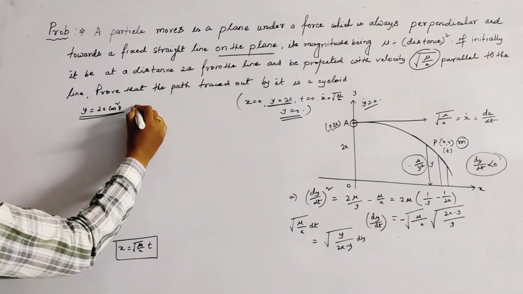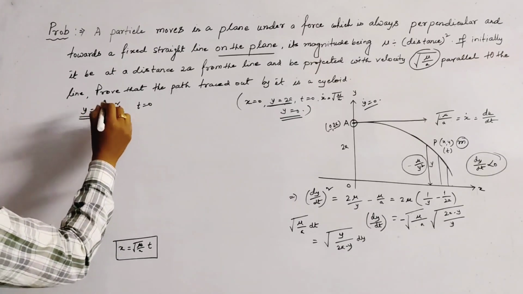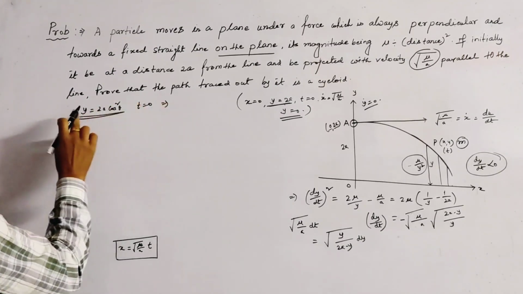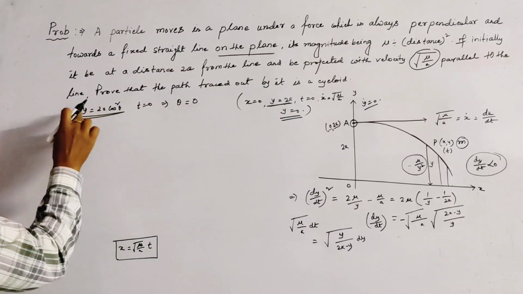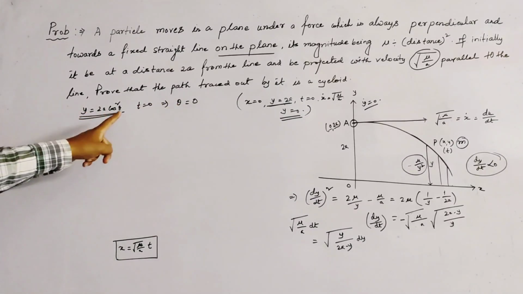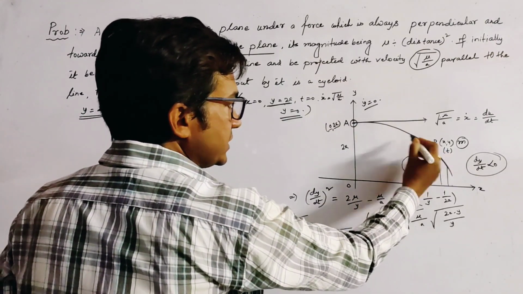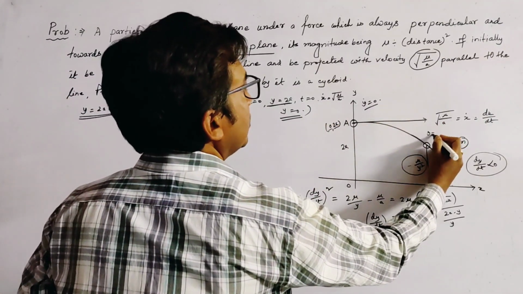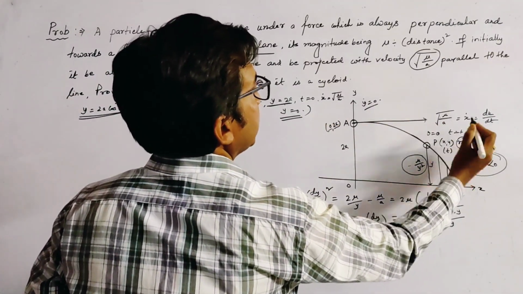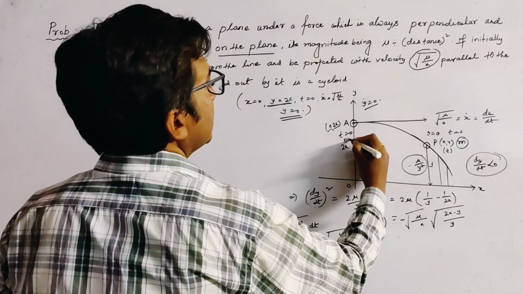So at t equal to 0, y equal to 2a, we must get theta equal to 0, because cos square theta is equal to 1, so theta is equal to 0. And at a general point, that is the point P, y equal to y means theta equal to theta here and t equal to t here. This is the initial point, t equal to 0 and theta equal to 0.